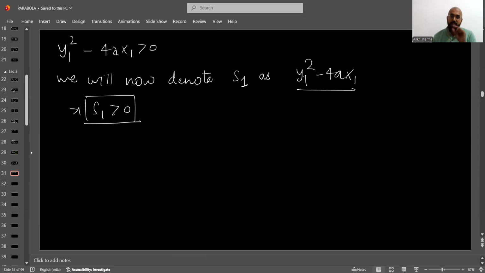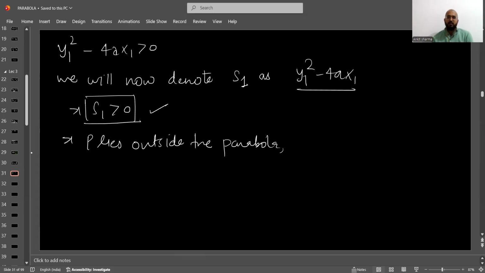So if I want to see whether any point is lying inside or outside, I just need to plug it into the parabola and see if S1 becomes positive. If S1 is positive, P lies outside the parabola, or we say it's in the exterior of the parabola.